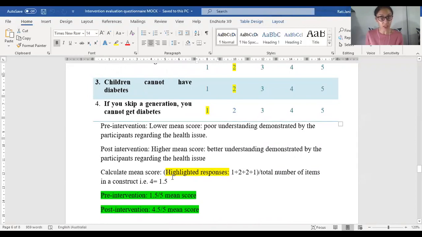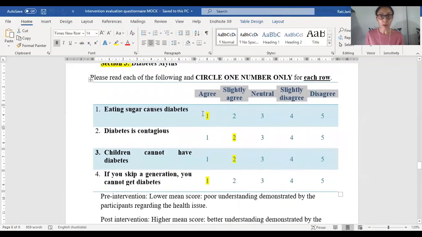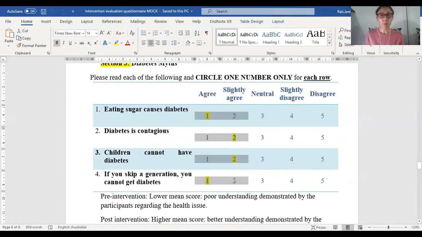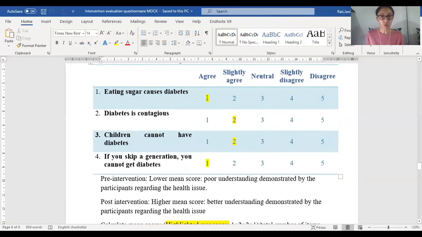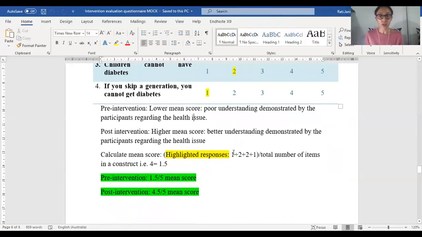To calculate mean scores, you add up all of the numbers pre-intervention. For example, when you gave me this questionnaire before the intervention, these were my responses: 1, 2, 2, 1. Then you add it up: 1 plus 2 plus 2 plus 1.